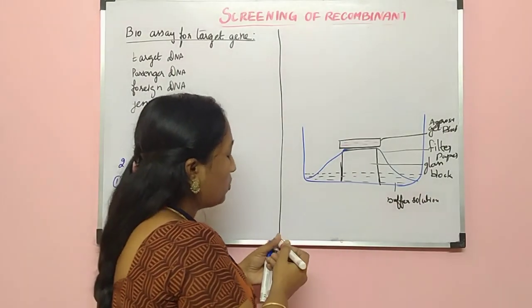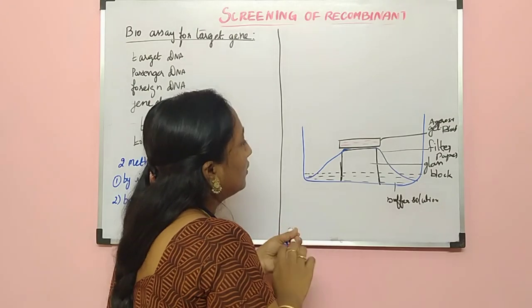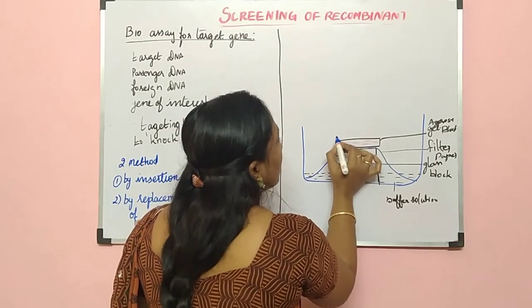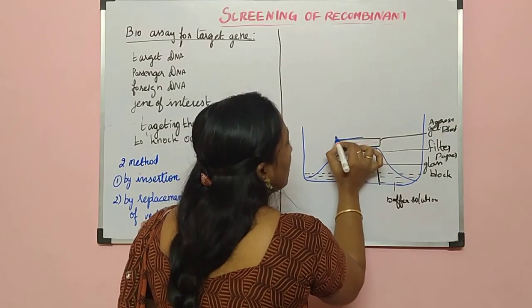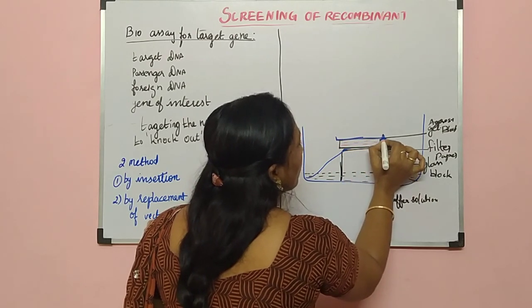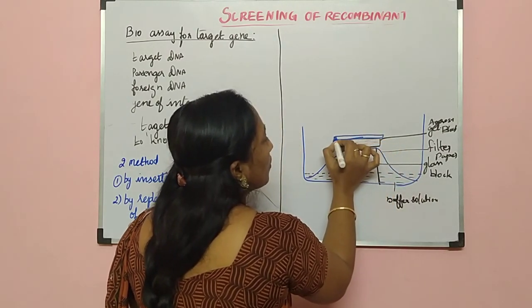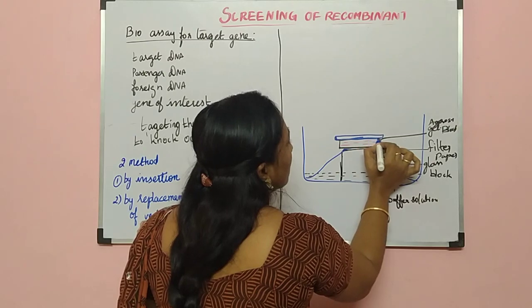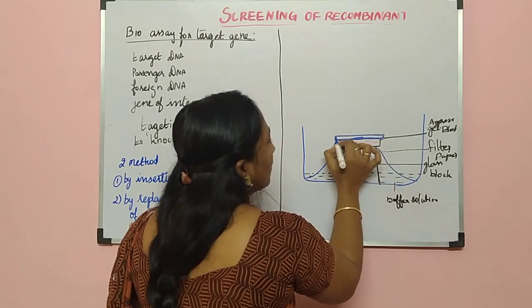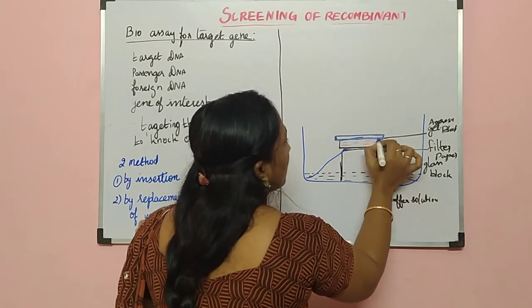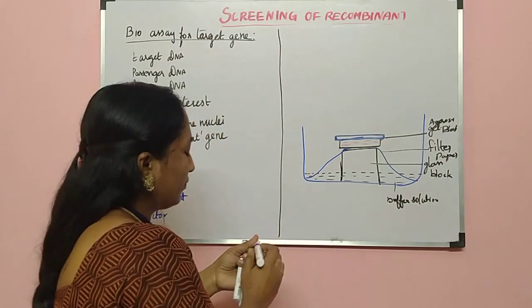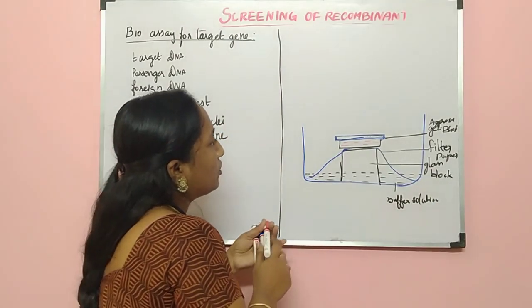Above that we have to keep a nitrocellulose membrane. So we need a nitrocellulose membrane.